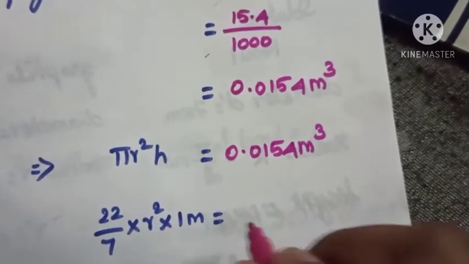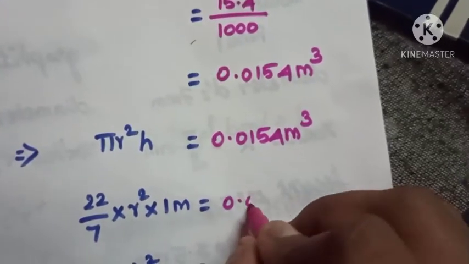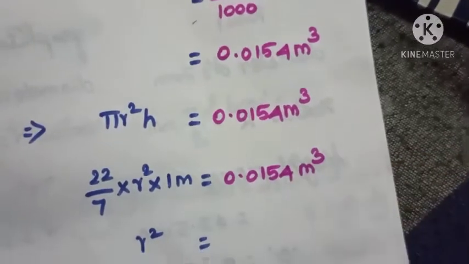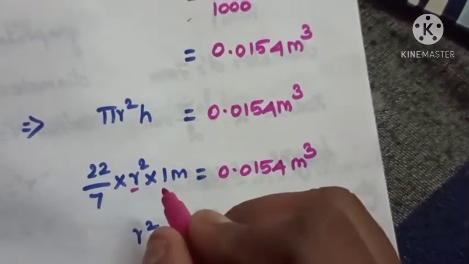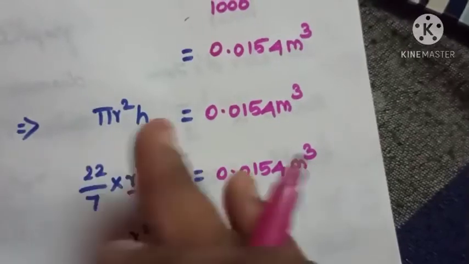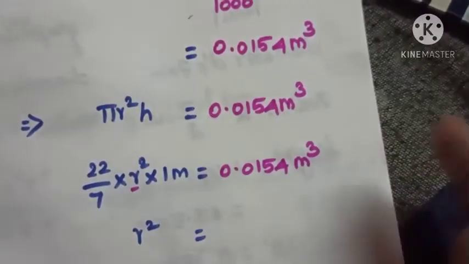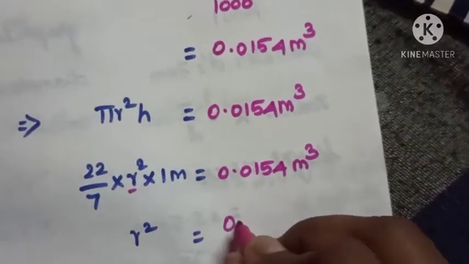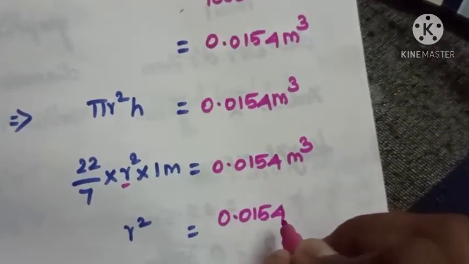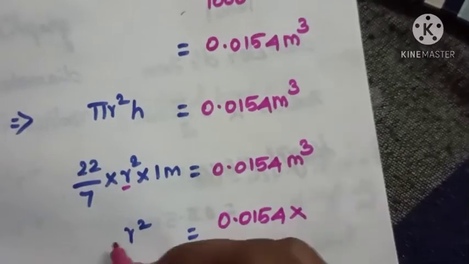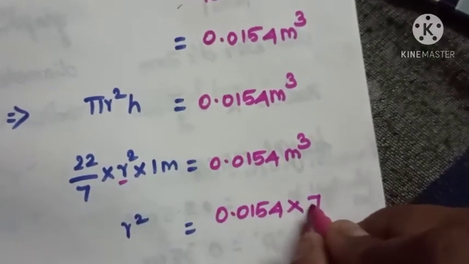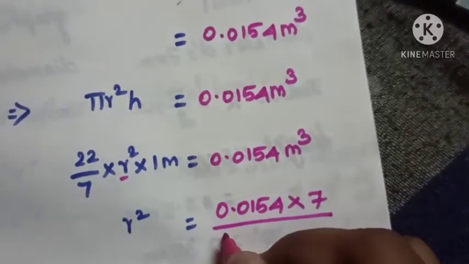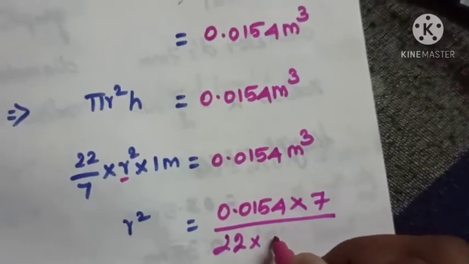So 22 by 7 r square into 1 is equal to 0.0154 meter cube. We keep r square as it is, and transpose the remaining to the right hand side. Division becomes multiplication, multiplication becomes division. So 0.0154 into 7 goes to the numerator, whole divided by 22 into 1.